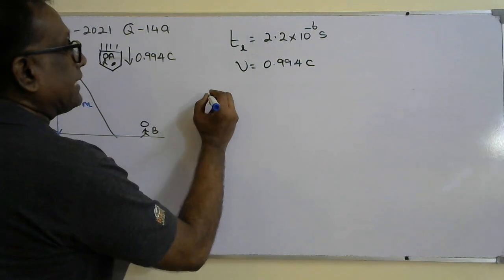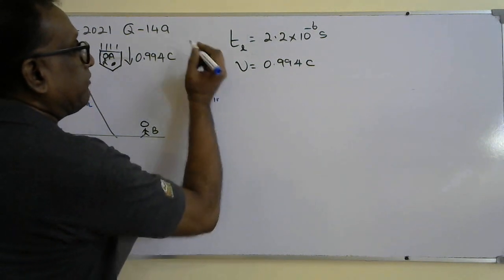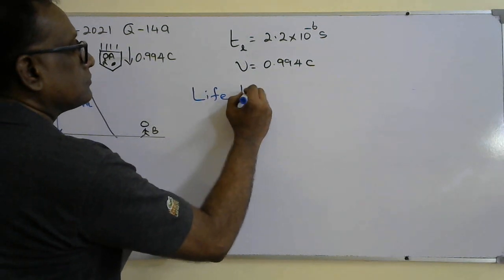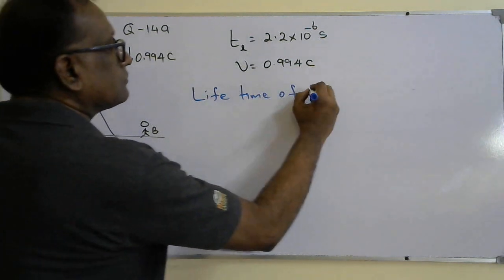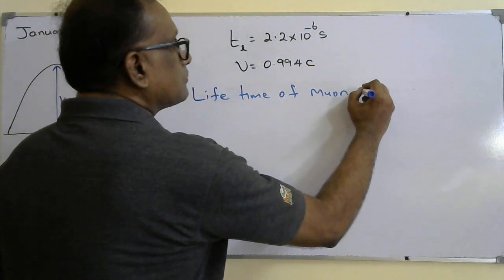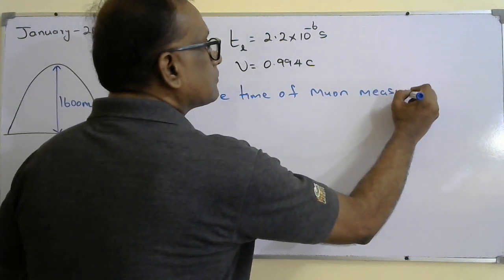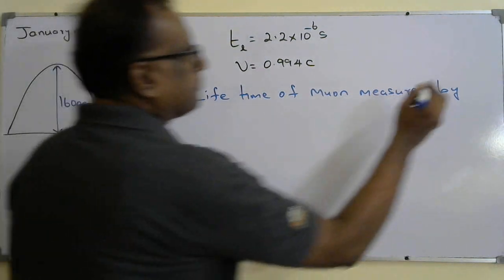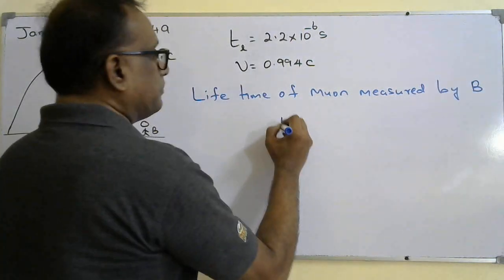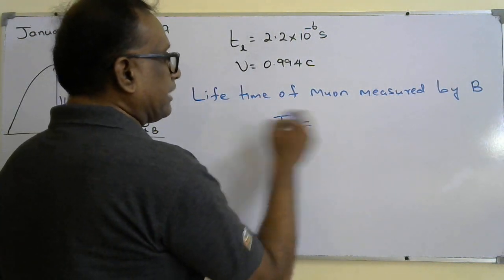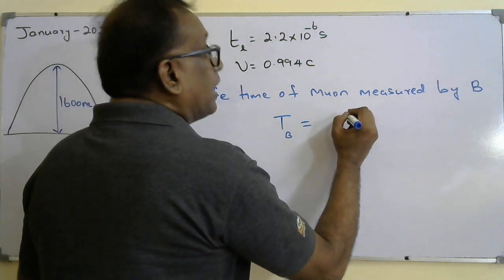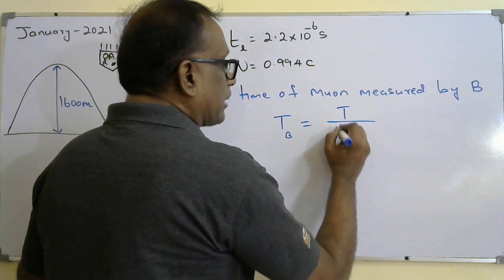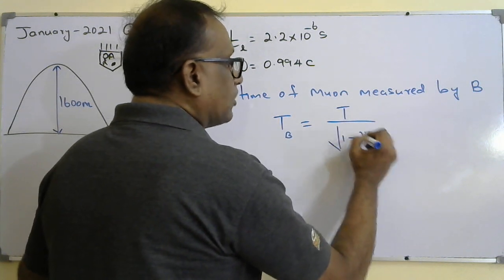I can find that here: the lifetime measured by B is equal to T when it was at rest over the square root of 1 minus (v/c) all squared.